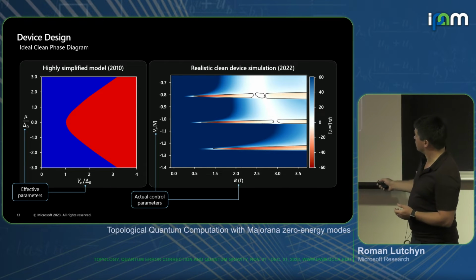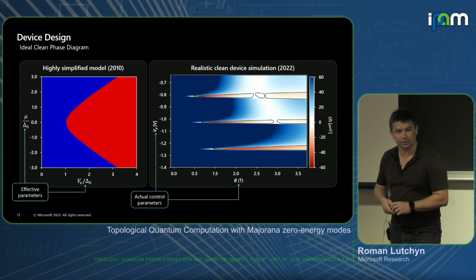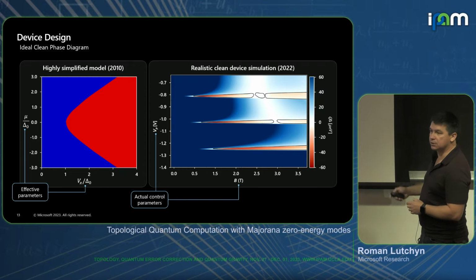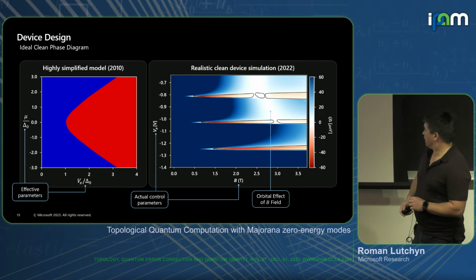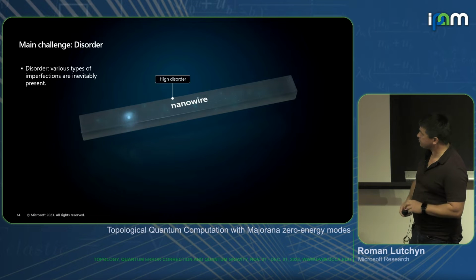So one really needs to go to the lowest subband and tune the device to this lowest subband. So we optimize our devices in such a way so that we can achieve this lowest subband limit and minimize the effect of orbital field, which is applied in the plane of the wire.